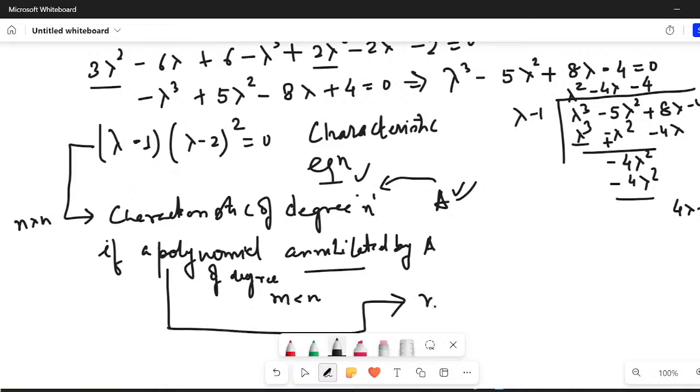I hope I have taught you before what a minimal polynomial is. So in general, the characteristic polynomial is this. And if there exists a polynomial of lesser degree than this characteristic polynomial which also satisfies my matrix, then this is called your minimal polynomial.